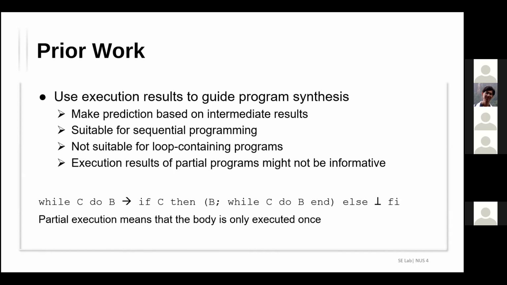Yeah. The idea is, okay, I never dive into the prior works in very great detail, but I believe that because we are doing sequential programming, it's a line by line thing.